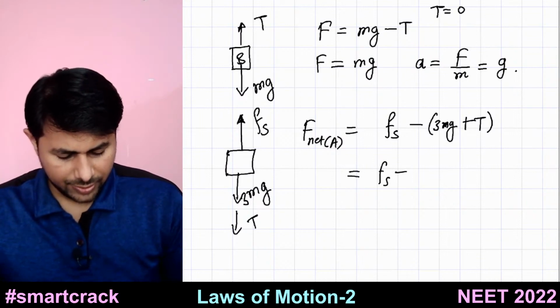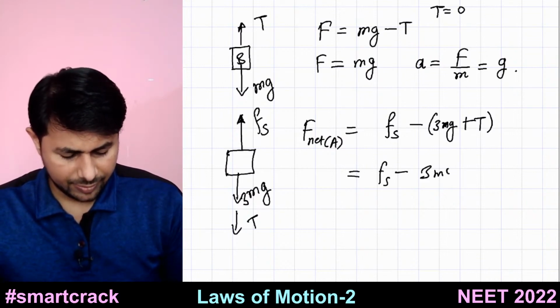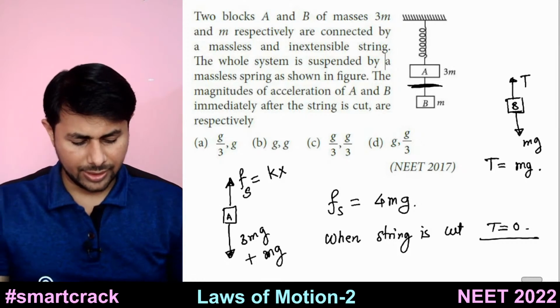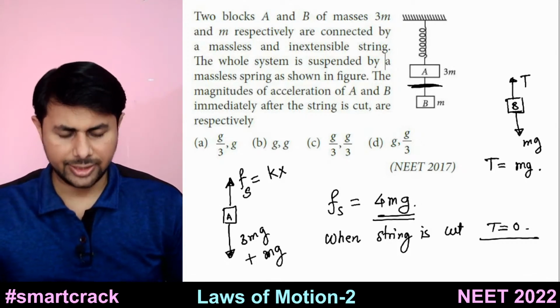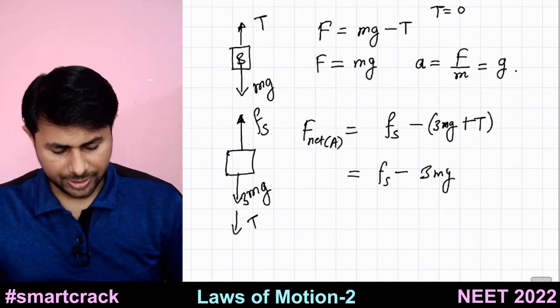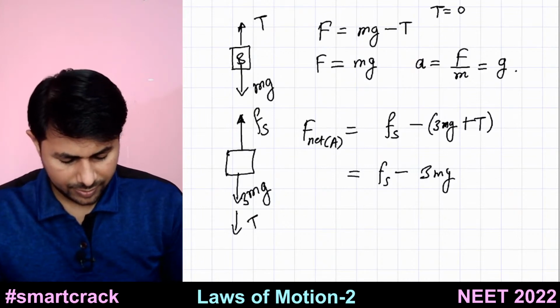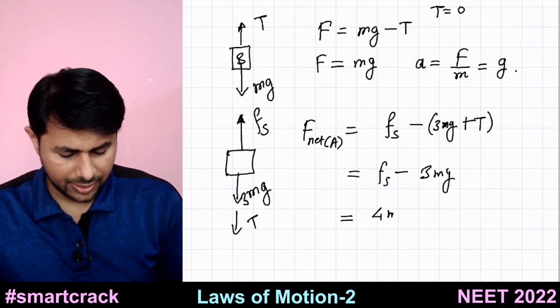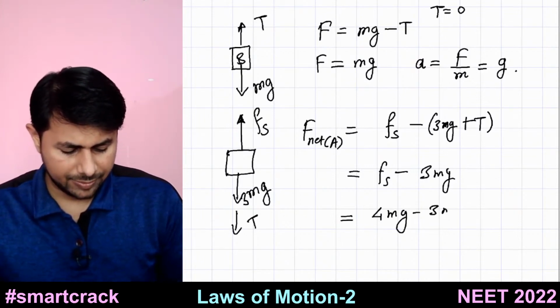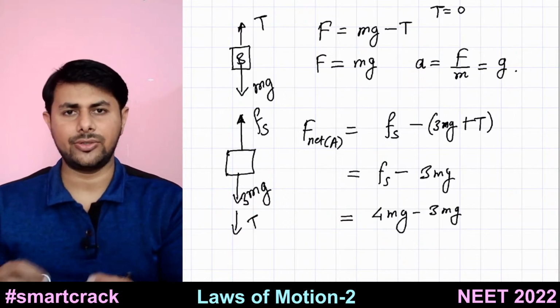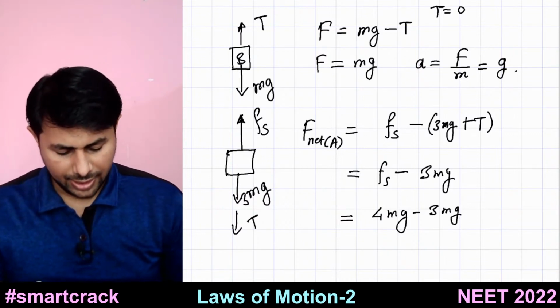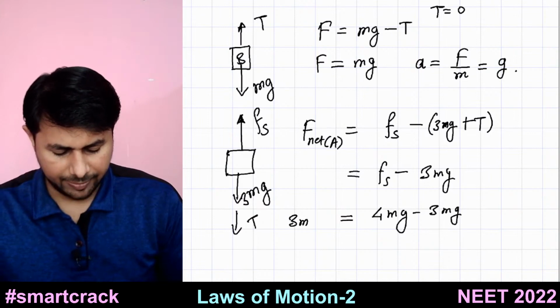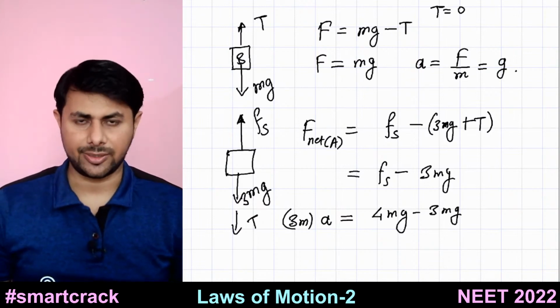So Fs minus 3 mg, and earlier we found that Fs is 4 mg. Let's substitute that. So it is 4 mg minus 3 mg, and this is equal to its mass times acceleration. Its mass is 3m, and acceleration is a, suppose.